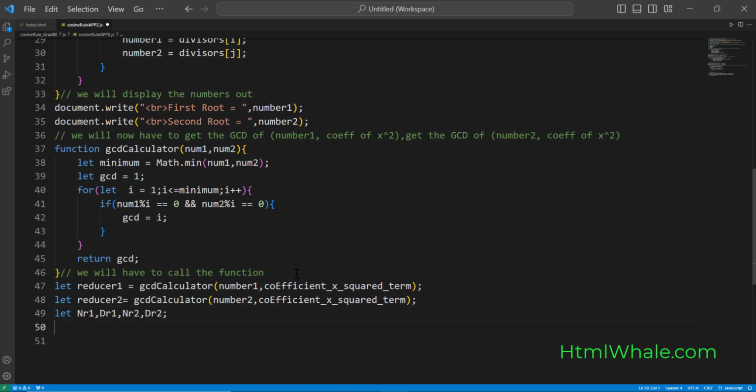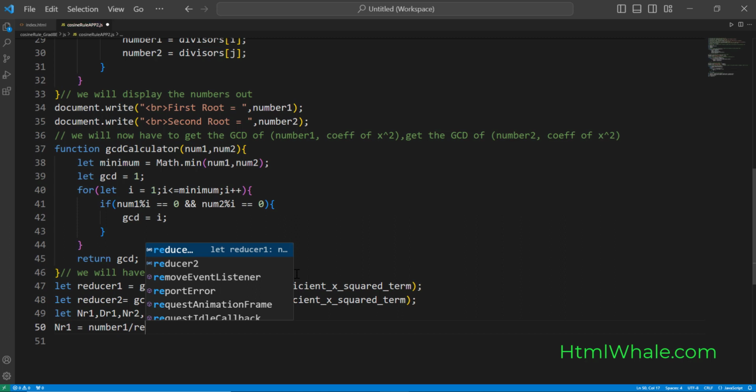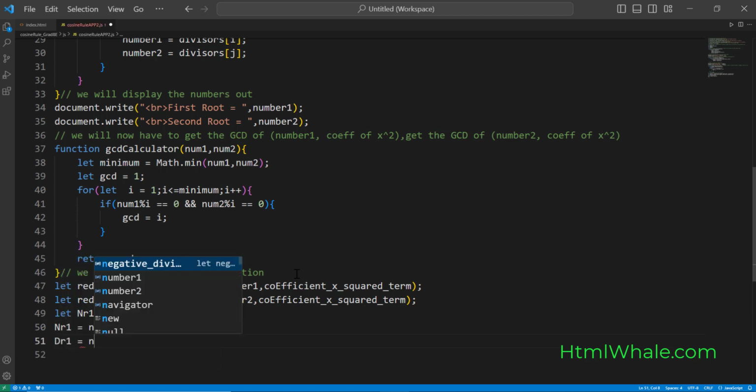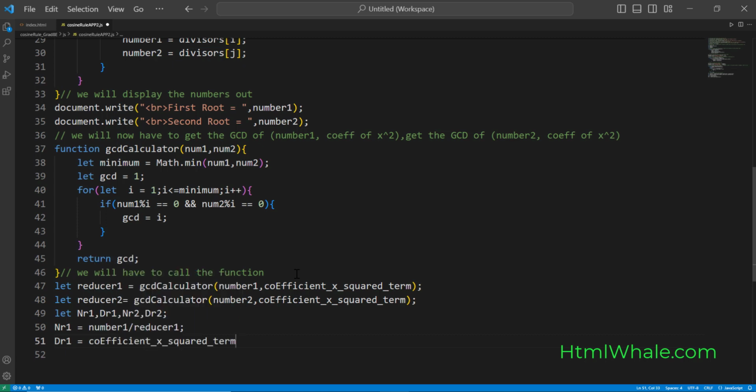So what is this going to be? nr1 is equal to the number 1 which we have got, that has to be divided by the reducer 1. So when it does, we will have a numerator. Similarly, our denominator 1 is equal to the coefficient of x squared divided by the reducer 1, right?